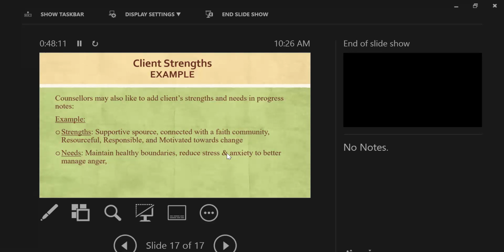A long time ago, when I used to see more clients, and especially when I worked in an organization, it was very structured, right? I'm working now on my own, in a less structured way. There's always a strength and a limitation to both, right? So with an organization, I tend to end my session with a conversation about client strengths.